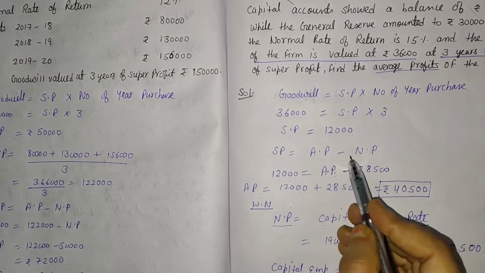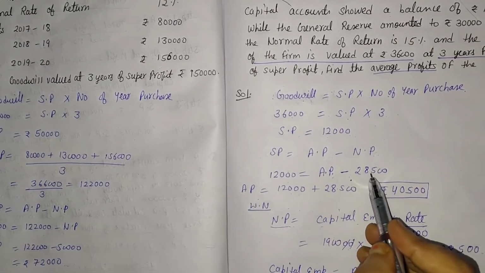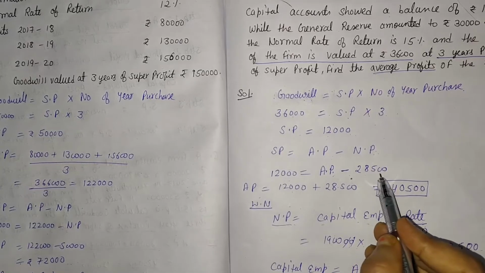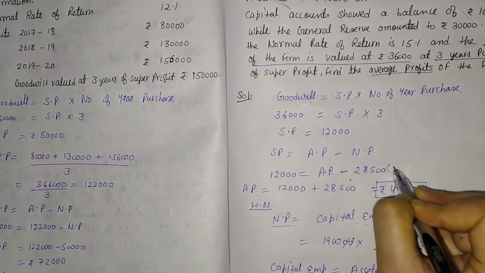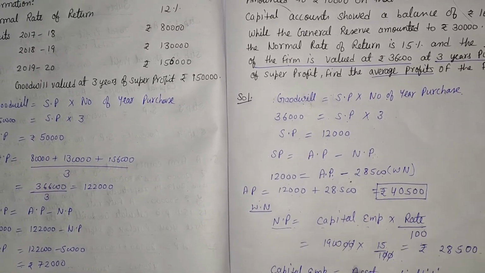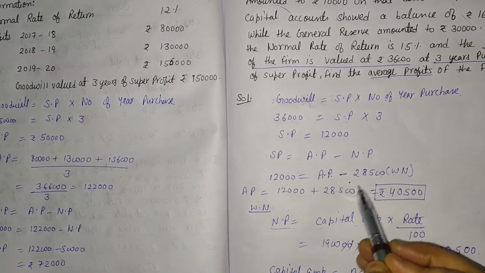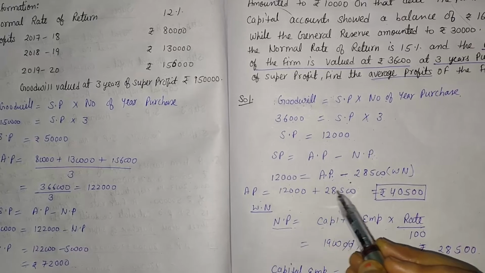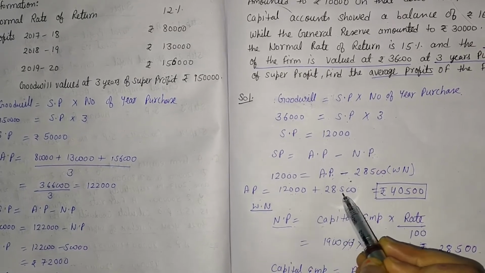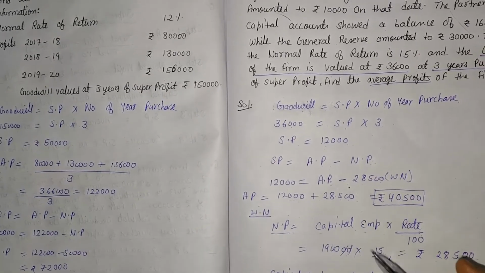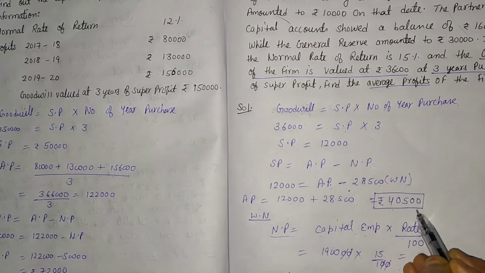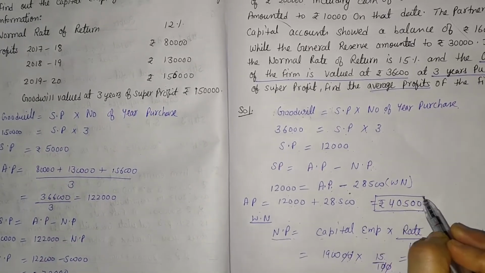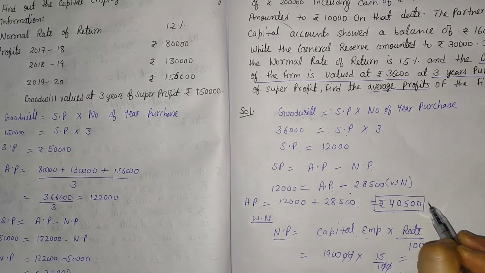So average profit minus normal profit, here the normal profit is 28,500 with the help of the working note. After solving this, the minus value converts to plus, that is 12,000 plus 28,500, we get 40,500. We can round off that value because that is the final value.